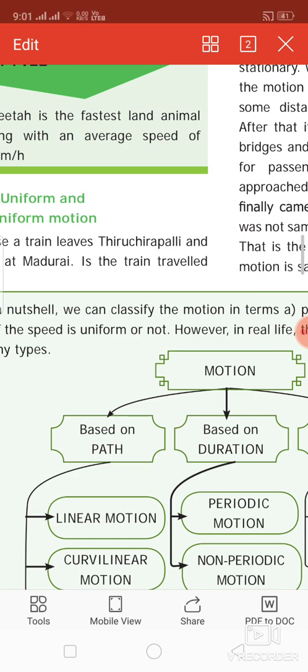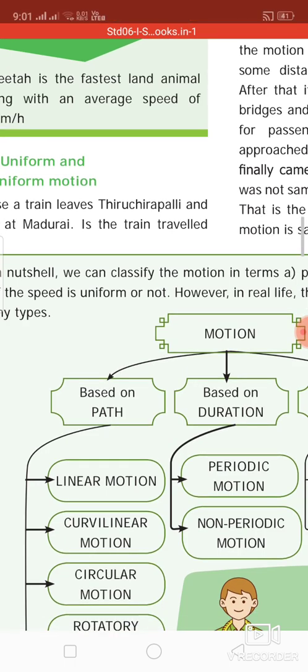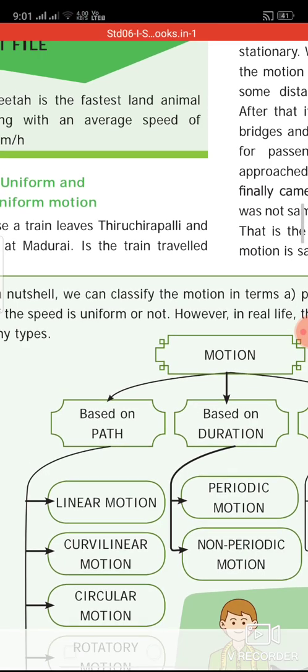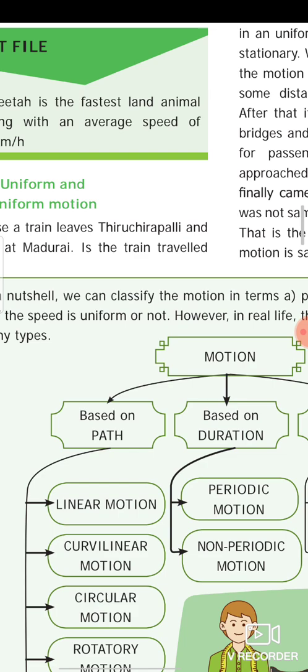So the distance traveled with the same speed with respect to time is known as uniform motion. In our regular life we cannot have uniform motion, because due to traffic and other factors, everything moves non-uniformly, but here and there are some examples of uniform motion also.